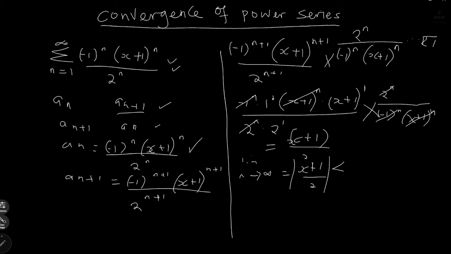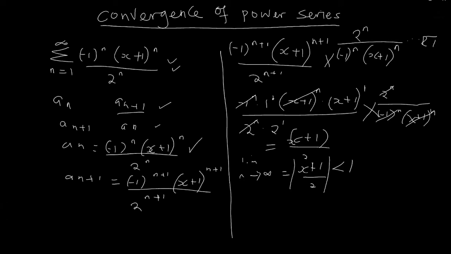The rule states that the series converges at c when R is equal to 0, where c is the center.